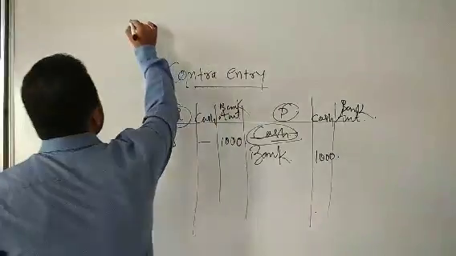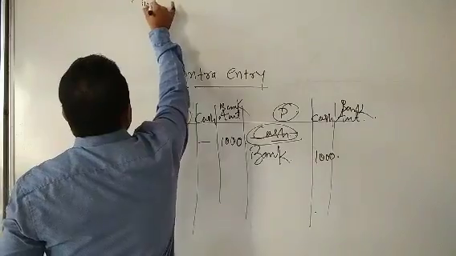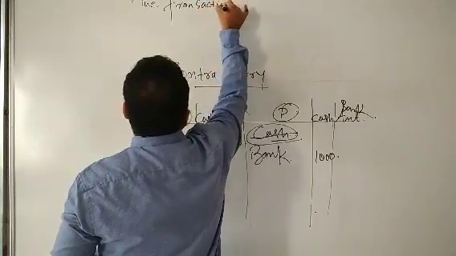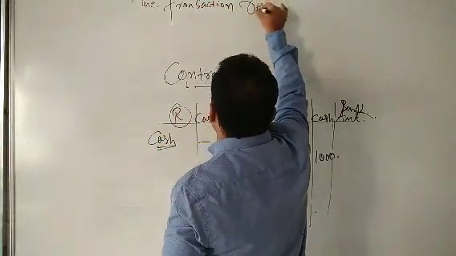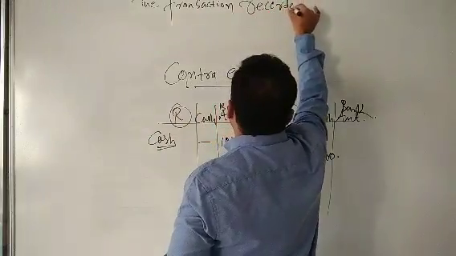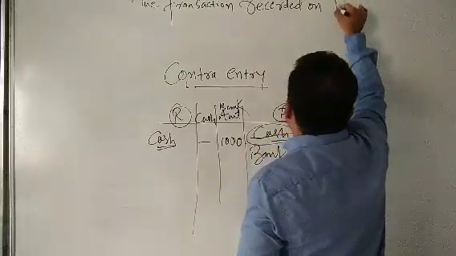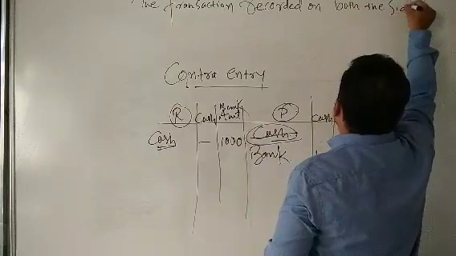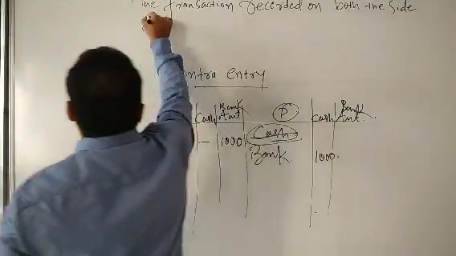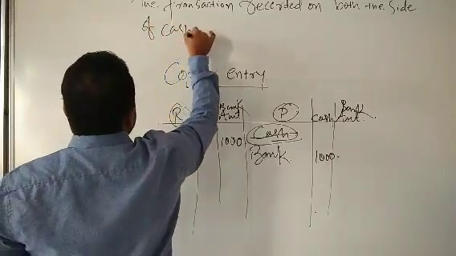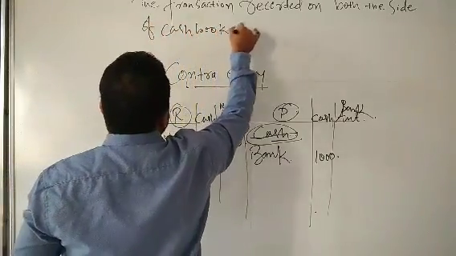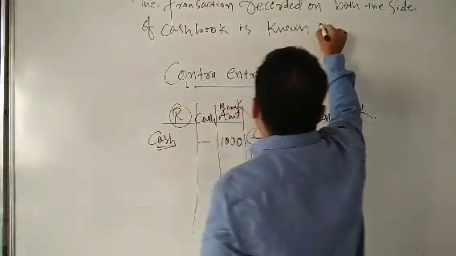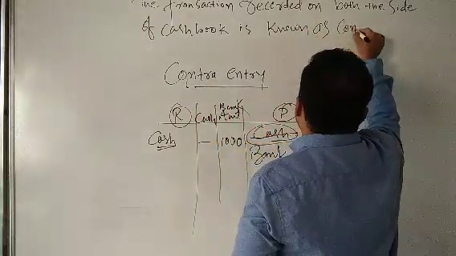So contra entry is nothing but the transaction recorded on both the sides of cash book is known as contra entry.